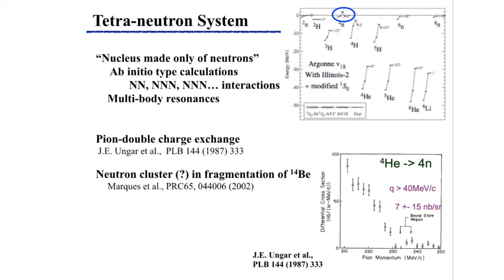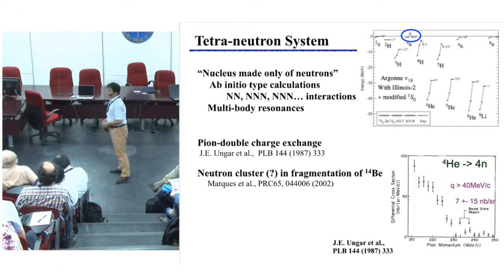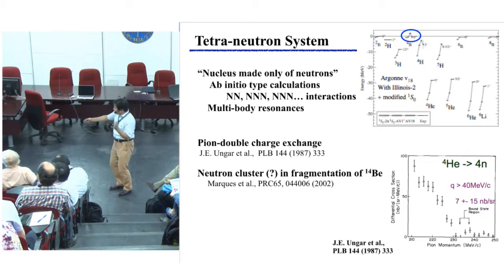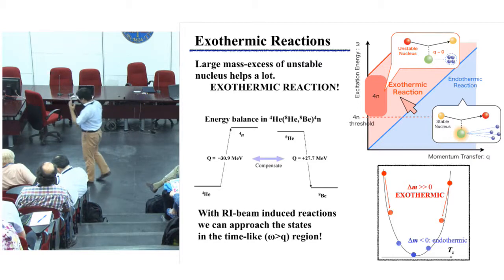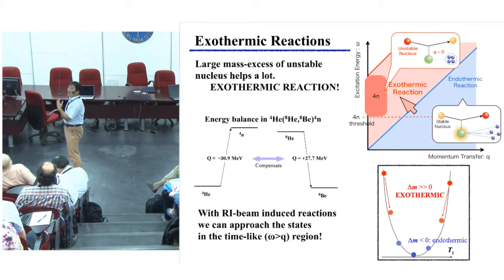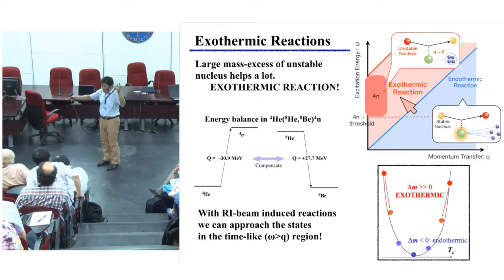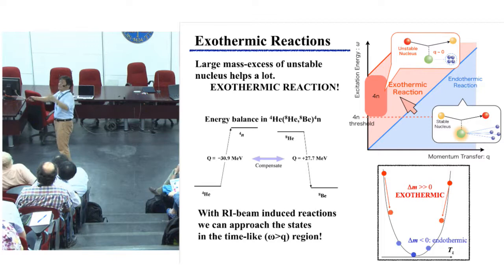We decided to challenge this physics case again by heavy-ion double charge exchange reaction. But it is not so easy to excite a tetraneutron state, because this figure depicts the momentum transfer and energy transfer correlation, and the tetraneutron is somewhere around here. If we calculate the excitation energy from the helium-8 ground state, it is more than 30 MeV excitation energy, a highly excited state.